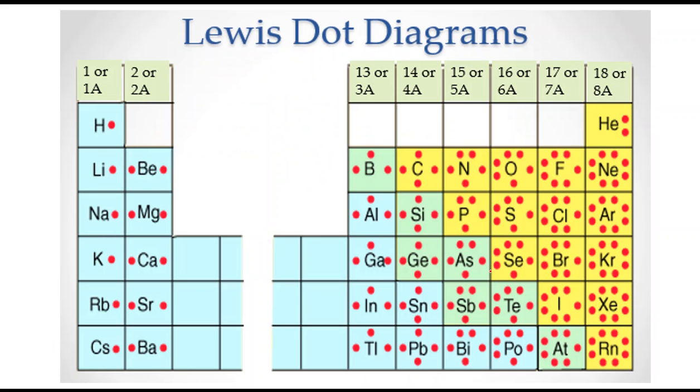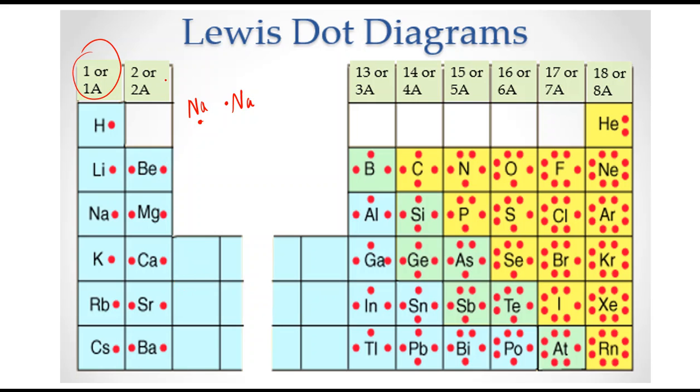This is one way you could do it. It doesn't have to be the only way. Like for instance, for these guys, group 1A, they all have 1 dot because they have 1 valence electron. But for sodium, it doesn't matter if I put the dot here or put the dot on this side. You can pretty much put the dot on any side. It really doesn't matter. Just so you know.